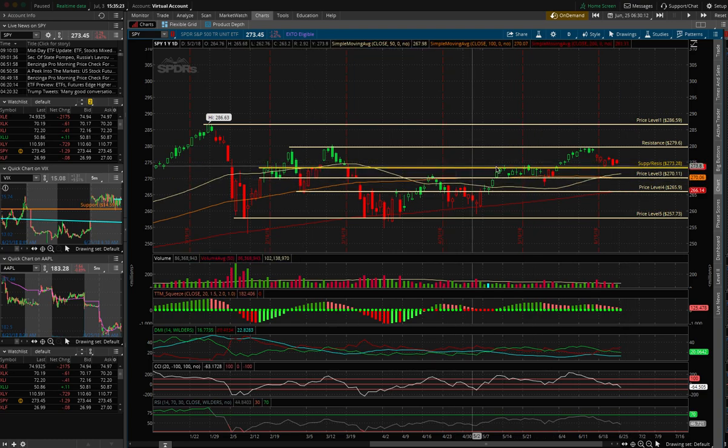If price is above it, it's support. If price is below it, it's resistance. Right here, price never got above it, so this is just resistance.